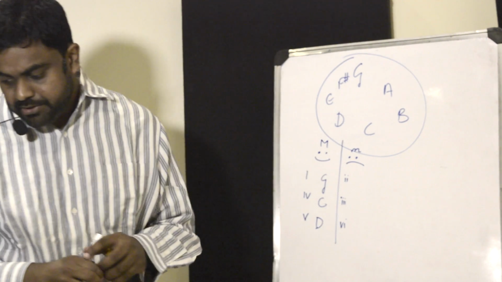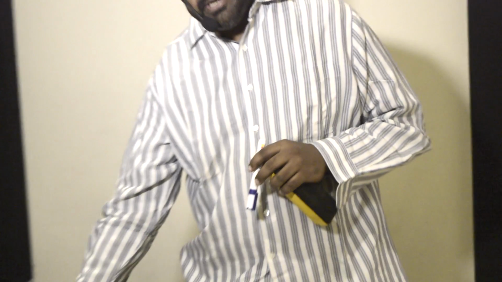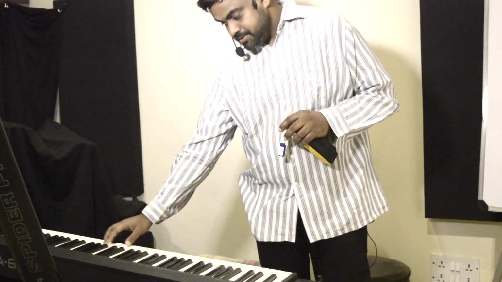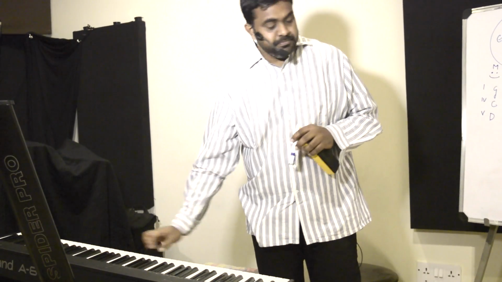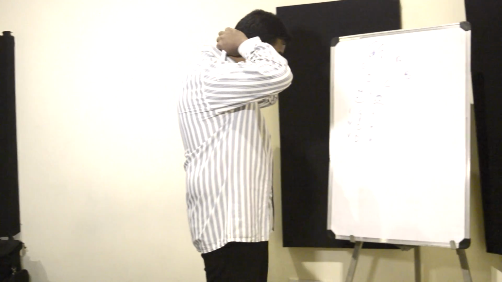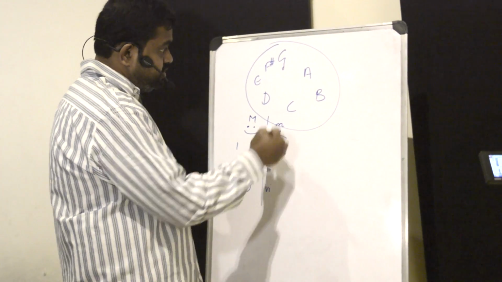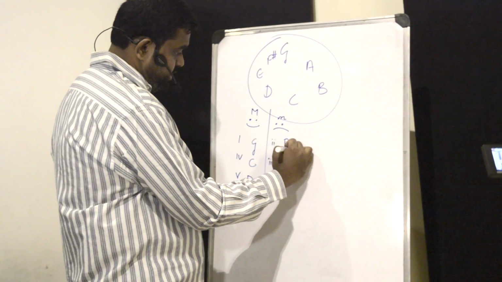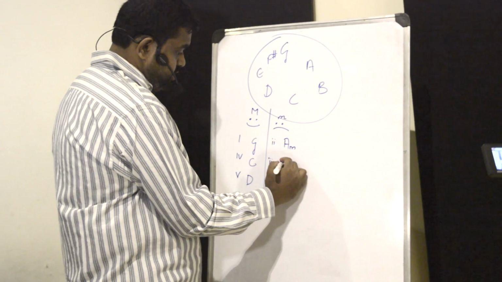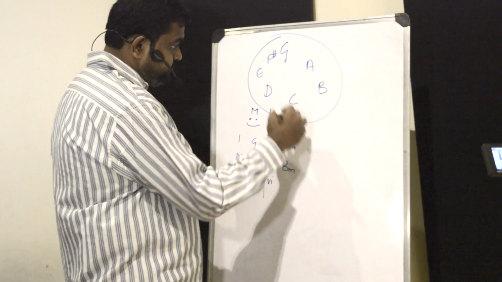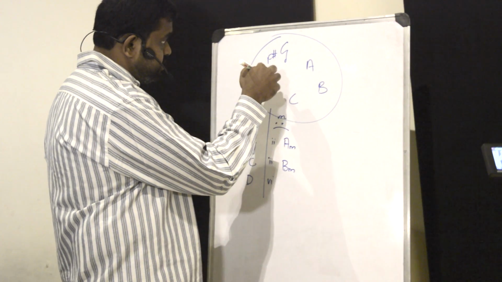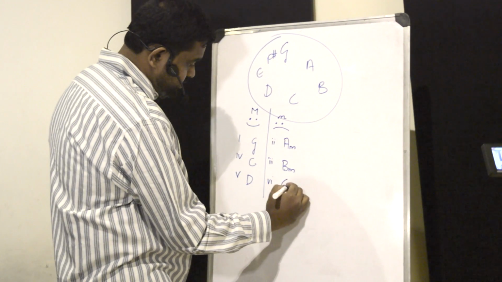So on a piano, you can obviously do this on any instrument. And coming to your minors, the 2 would be A minor, the 3 would be B minor, and the 6 is right here, E minor.